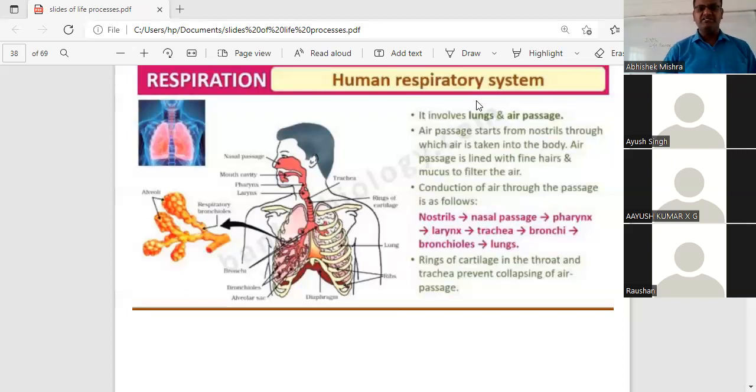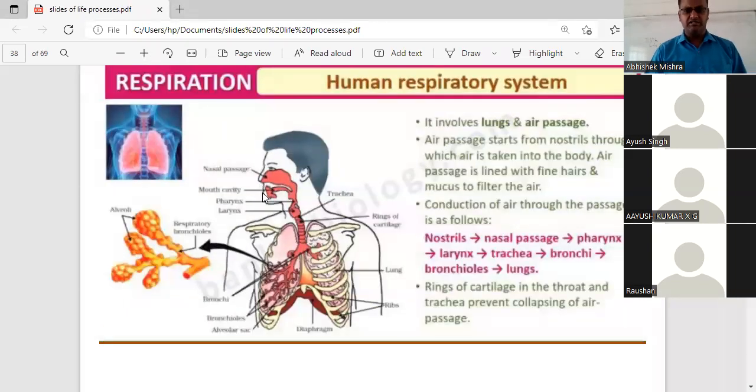Exhalation, I will ask again. Exhalation, we will come separately. First, let me get it that all of you have understood it properly or not. Okay, Ayush, okay.